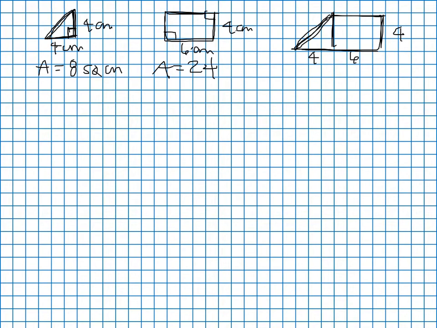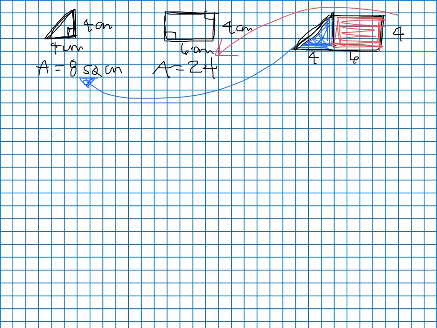Well, if we use our brains, we know that the area of this right here, because this is a 4 by 4 triangle, is 8 square centimeters. And we know that the area of this rectangle, 6 by 4, is 24 square centimeters.